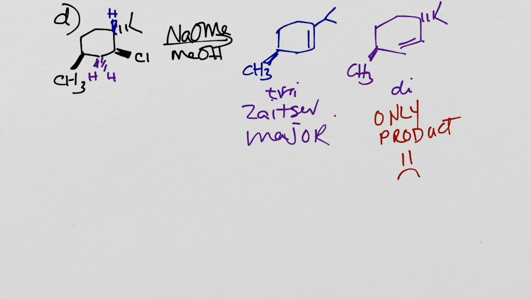So this tells us that something else is going on besides just the size of our base and the stability of our product. And what that has to do with is the orientation or the reactive conformation. The fact that the proton we're pulling has to be antiperiplanar.